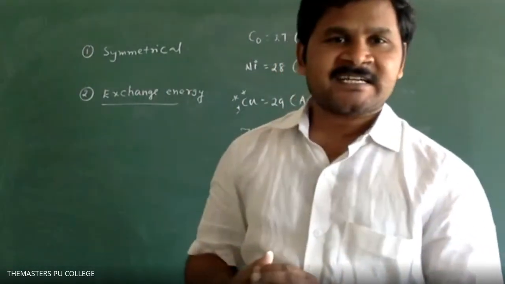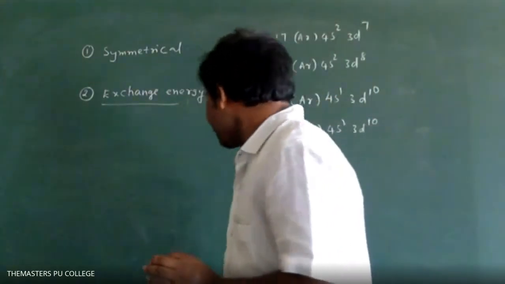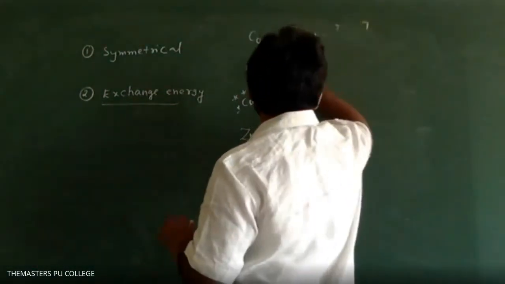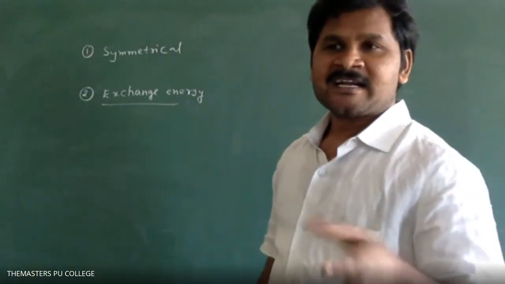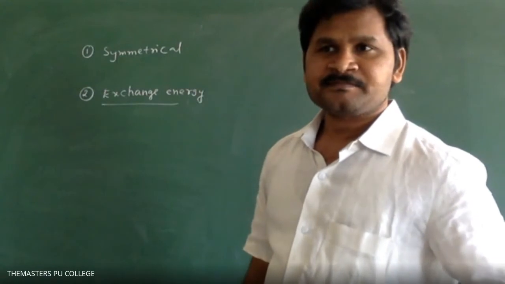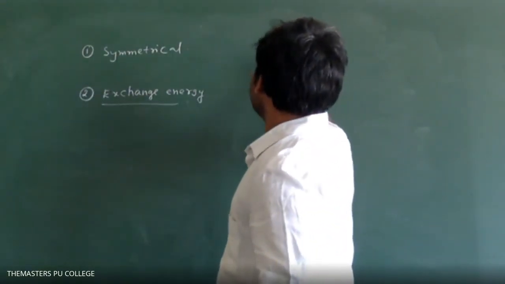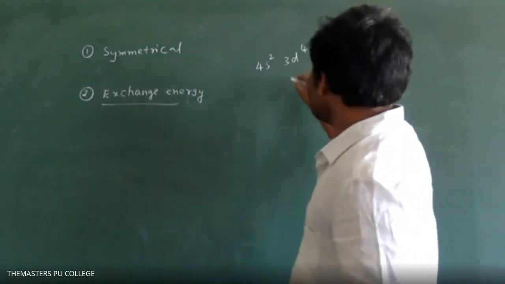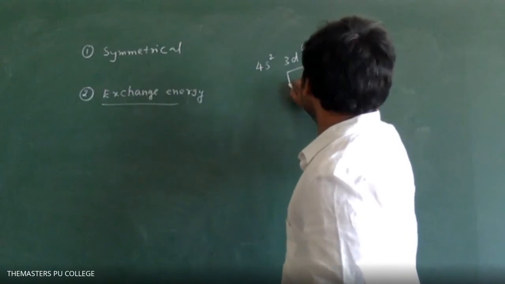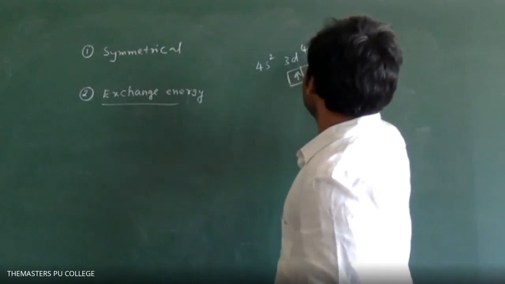What is exchange energy? How can we calculate exchange energy? Now I will explain. What is the expected electronic configuration of chromium? 4s2 3d4. 3d4 means 1, 2, 3, 4.